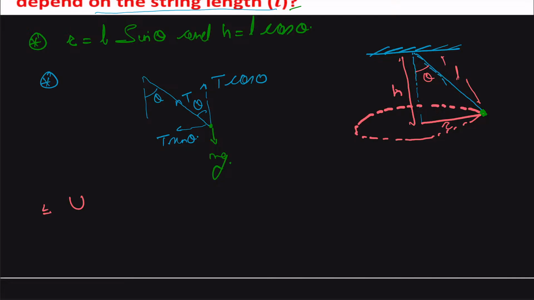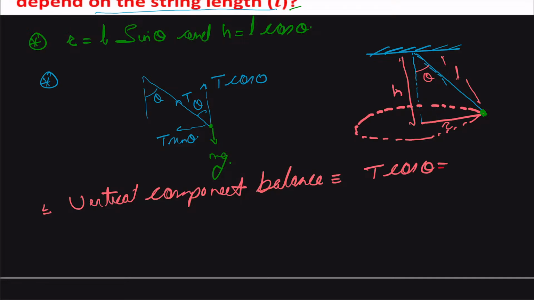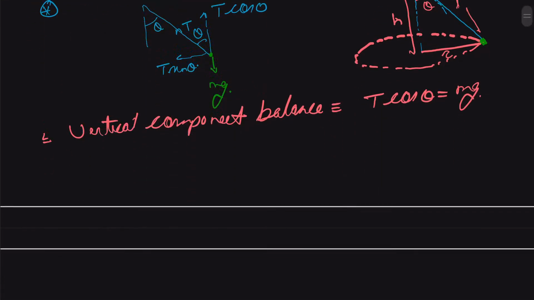So we can say vertical component balance, and this gives us that T cos of theta is equal to mg, and the horizontal component is going to provide the necessary centripetal acceleration.